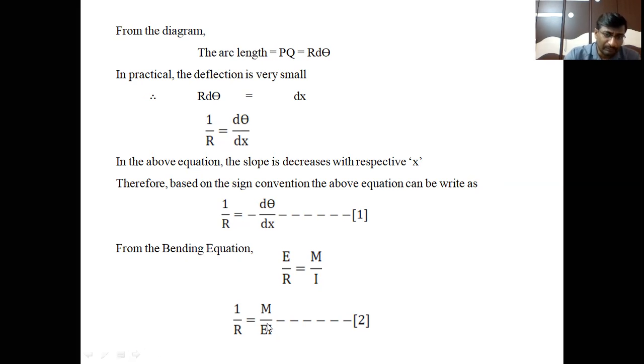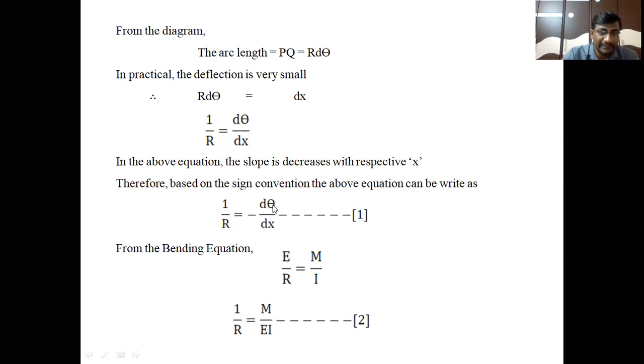Here the multiplication of E and I, this EI, is called the flexural rigidity. The product of Young's modulus and moment of inertia is called the flexural rigidity. So 1 by r is equal to bending moment by flexural rigidity. Take it as the second equation. From equation 1 and equation 2, the left hand side is 1 by r on both, so we can equate the right hand side parameters.